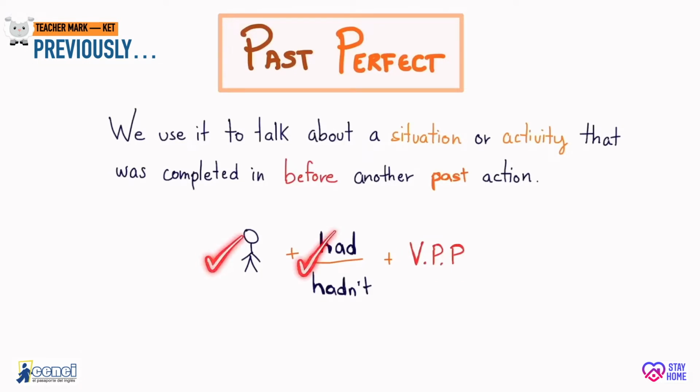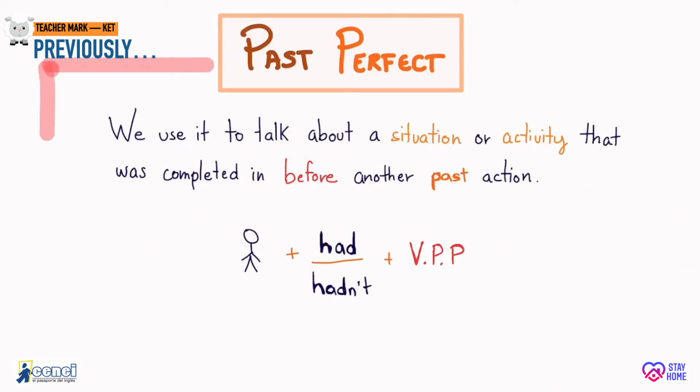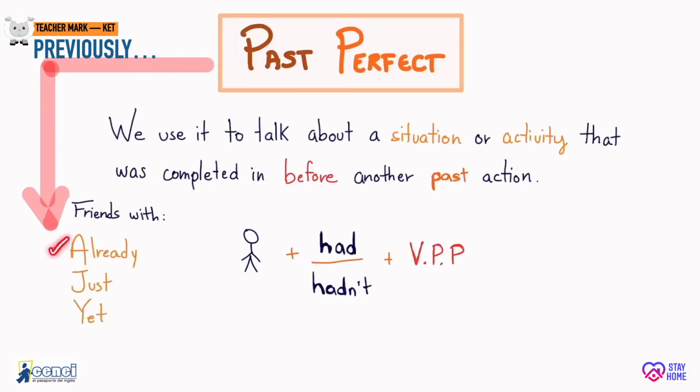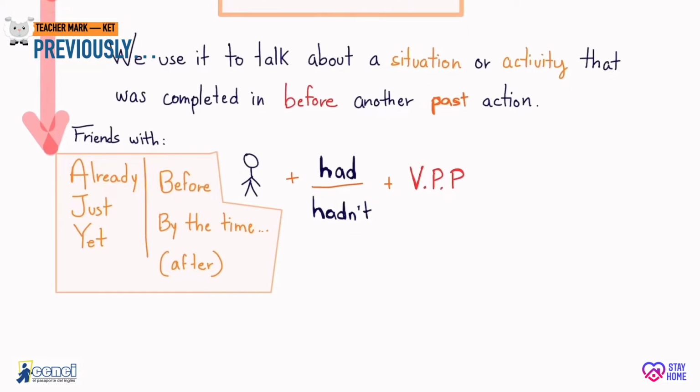So with these three elements, we form the past perfect. Let's remember also, like any other perfect tenses, they are friends with already, just, and yet. We're also having before and by the time. You can use them too.